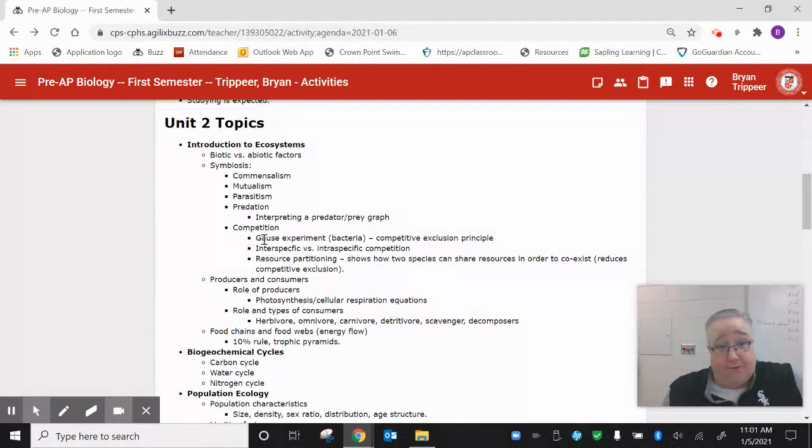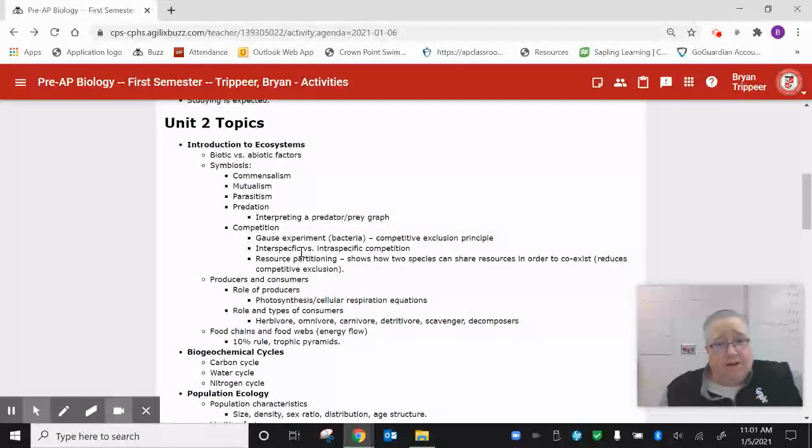You should know the different types of symbiosis: commensalism, mutualism, parasitism, predation, and competition. If I give you examples of those, you should be able to tell me which type of symbiosis it is. As far as predation goes, we should be able to interpret a predator-prey graph. If you see one, you should be able to tell me which one's the predator, which one's the prey.